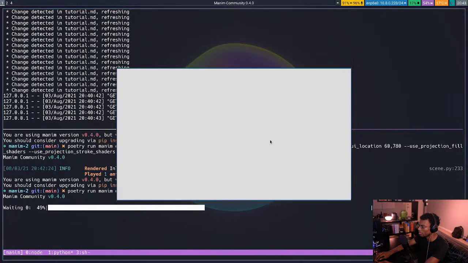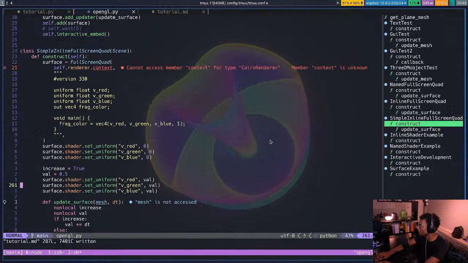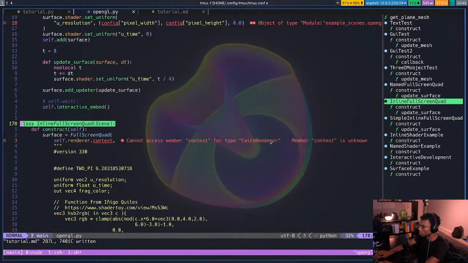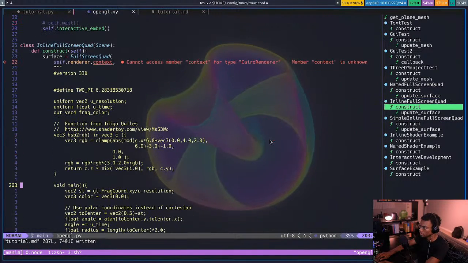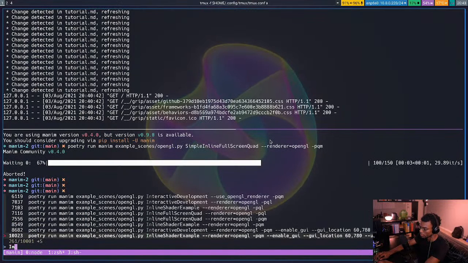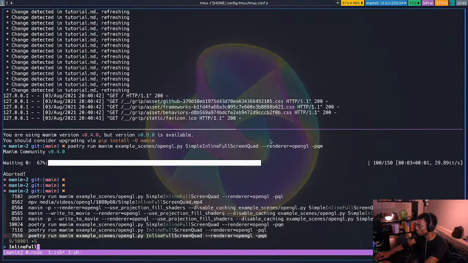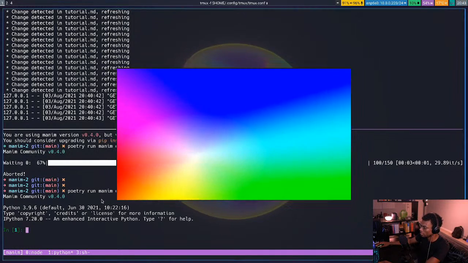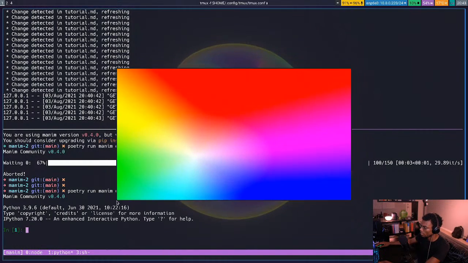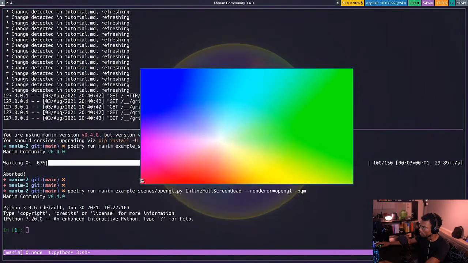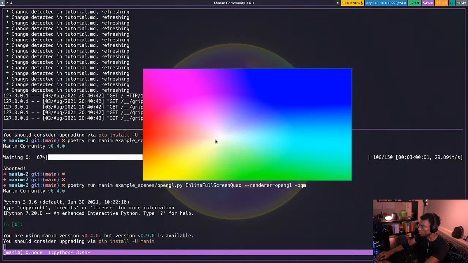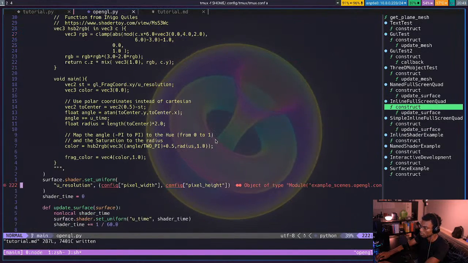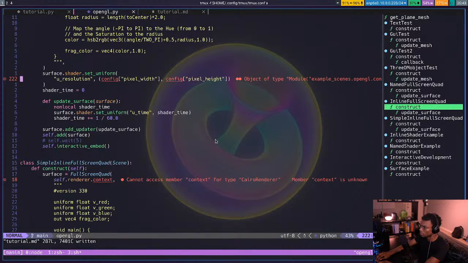Oh my gosh, that's not the one either. Is it inline full screen quad? Okay, this one for sure. I thought I ran this one before. Okay, that's the one. Although I guess it isn't taking in a variable resolution, because it's off-centered. No, it's taking config pixel width.